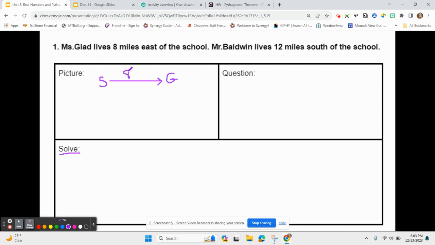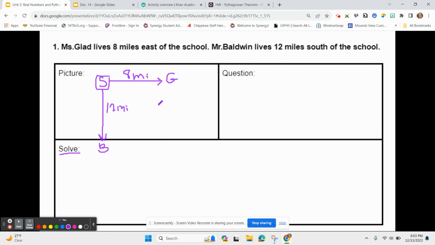And I'm going to label this 8 miles. Okay, so the school, 8 miles east, is me. Now, Mr. Baldwin lives 12 miles south. So from school, I'm going to head directly south. Here is the house of Baldwin. And Baldwin is 12 miles south.